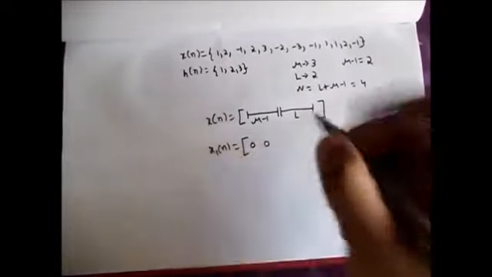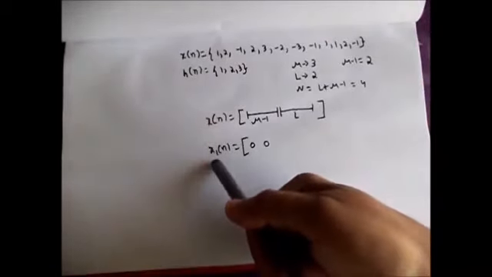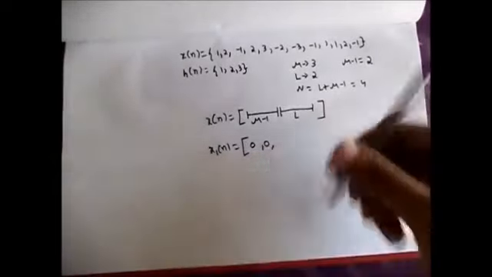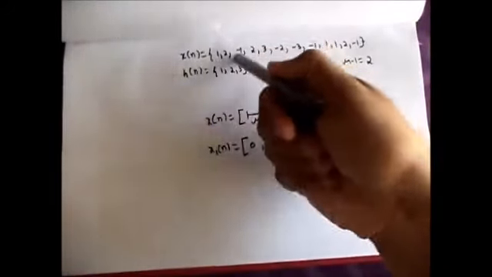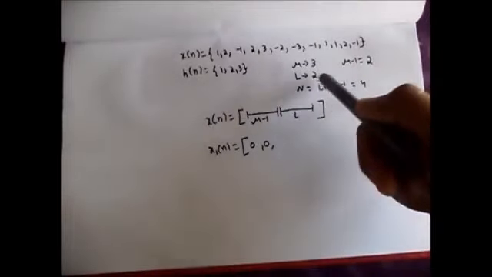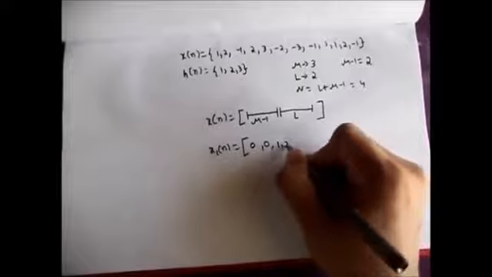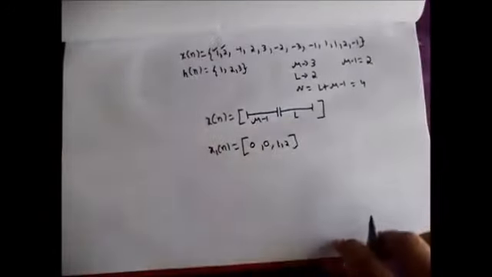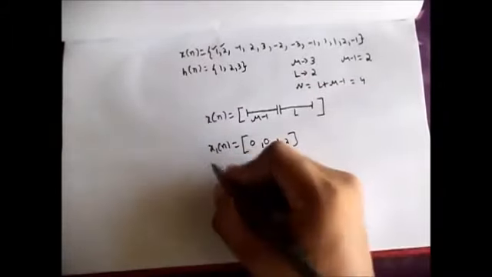I pad 2 zeros, as there is no previous input data block for the first input data block, and then I have to place L samples from the input sequence that I am given in the question. The value of L is 2, so I'll take two values from x of n, 1 and 2. So I have found the first input data block, and the length of it is 4.